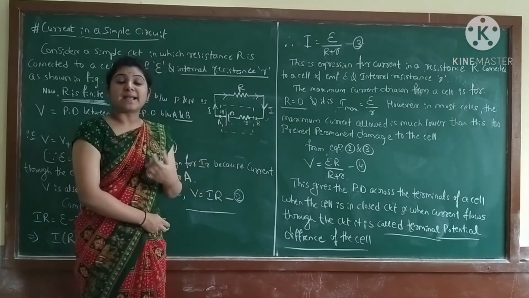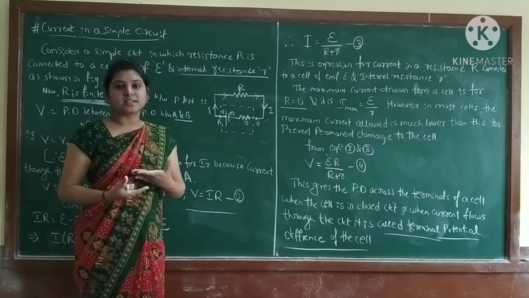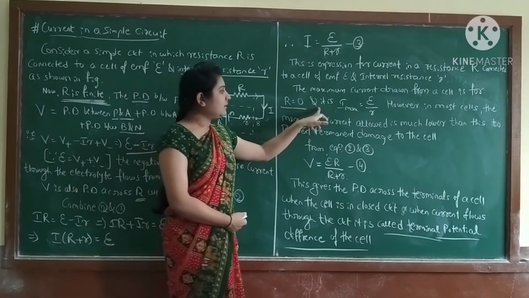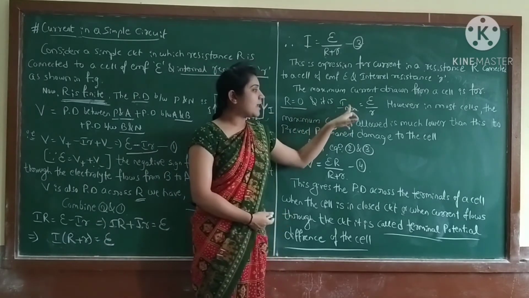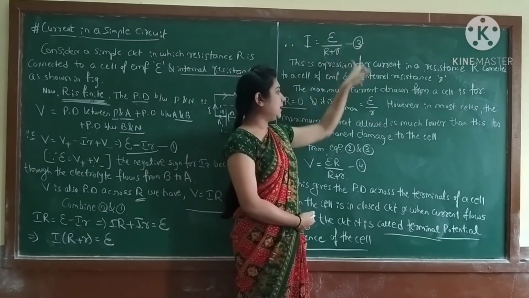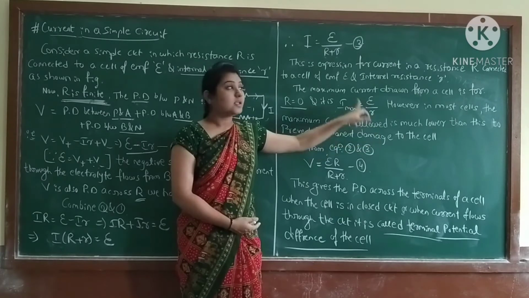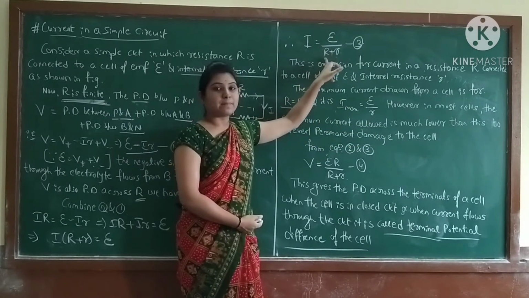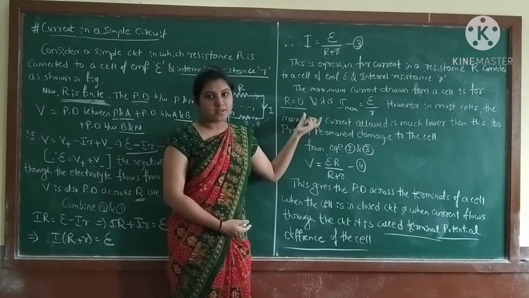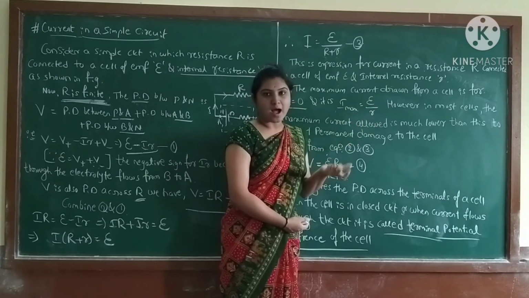That means the maximum current will flow in the circuit when the capital R becomes 0. Then we can write it as I maximum is equal to E divided by small r. See, why did I not write the capital R? Because we put R equal to 0, so you can neglect that. Then you will get the value E divided by r.